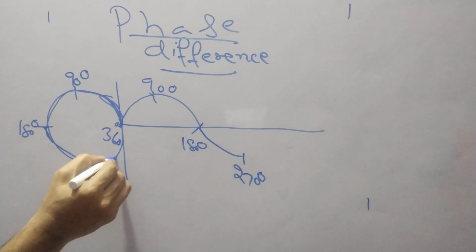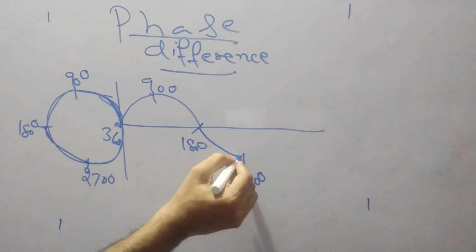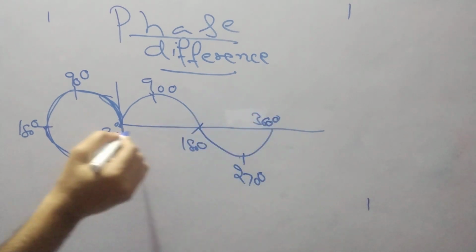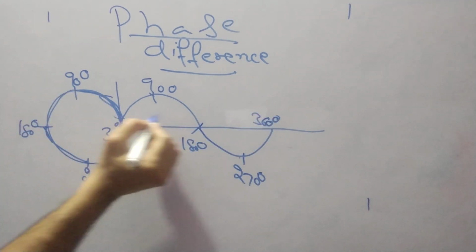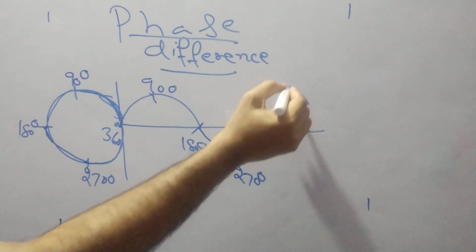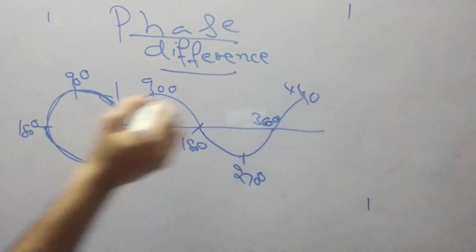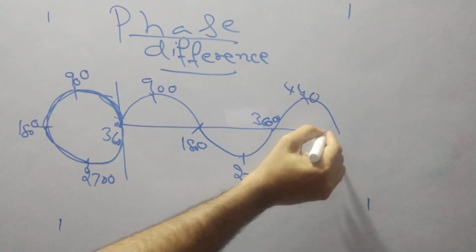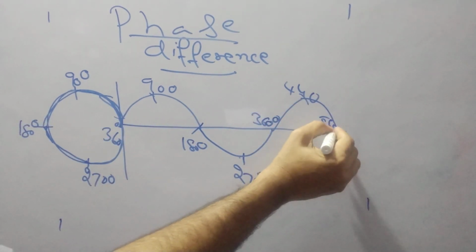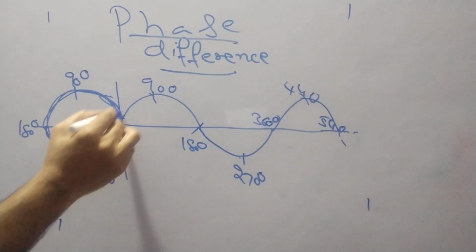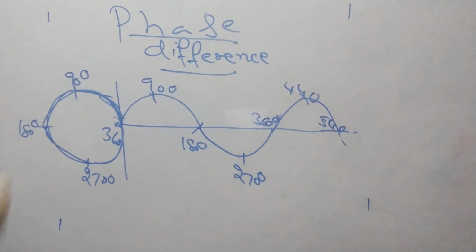Next, if it moves like this, it will get 360 degrees. After 360, the wave moves again: 360 plus 90 is 450, next 450 plus 90 is 540 and so on. So you will get a wave like this. This is the generation of a wave.